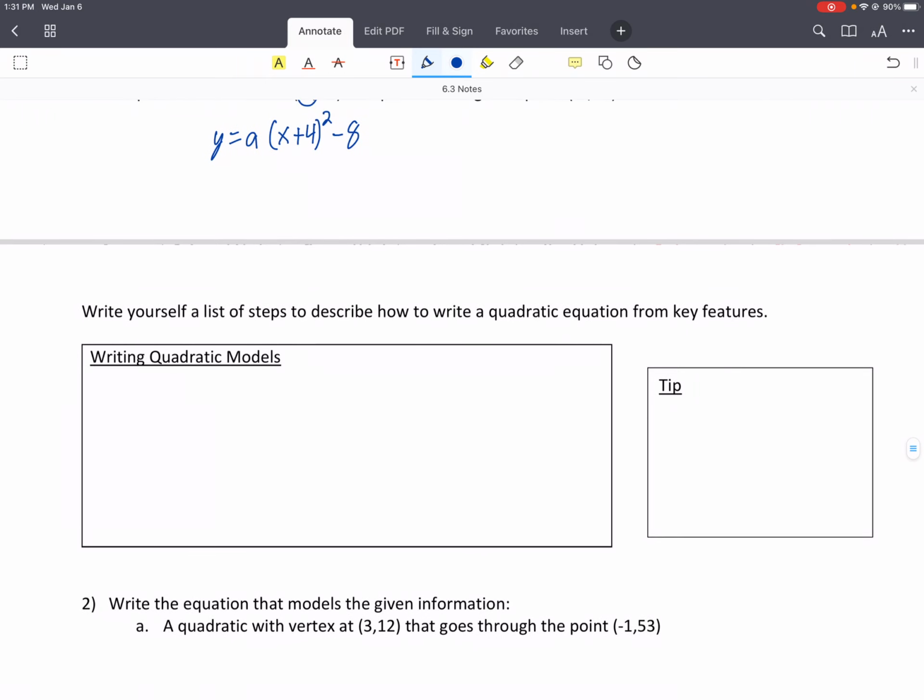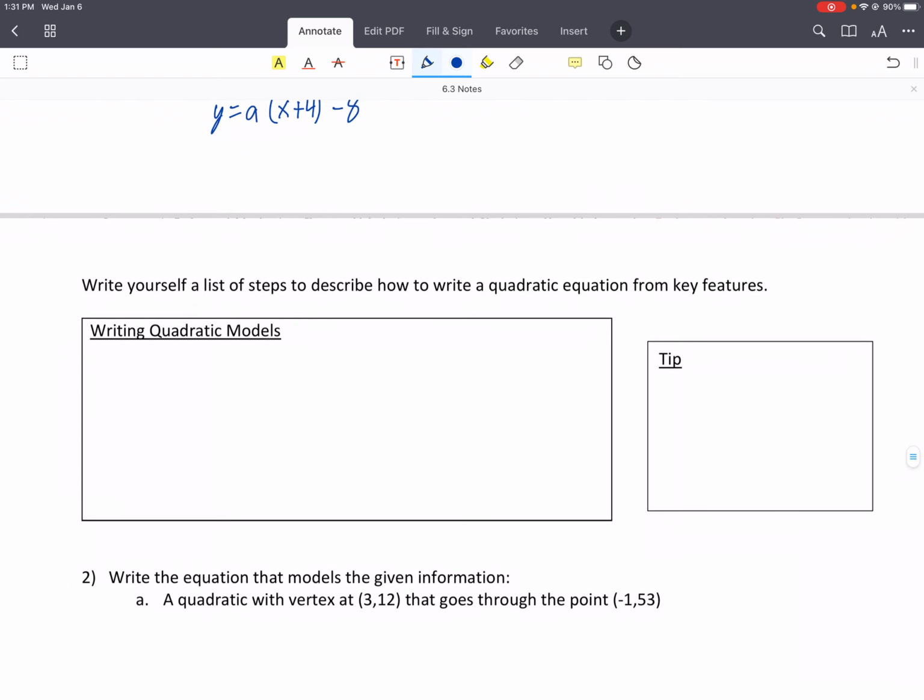So we want to make a list of how to write a quadratic expression using key features. So first, we need to identify which equation to use, and we do that based off the key features.